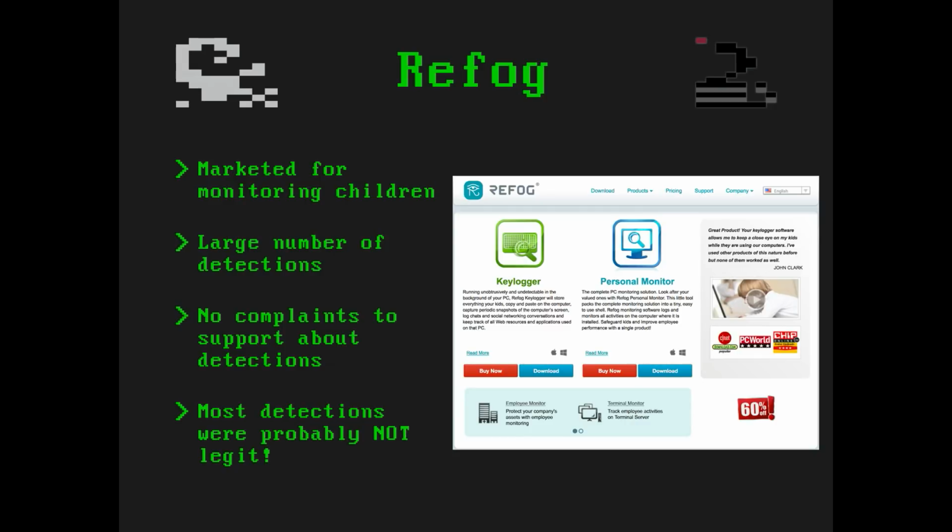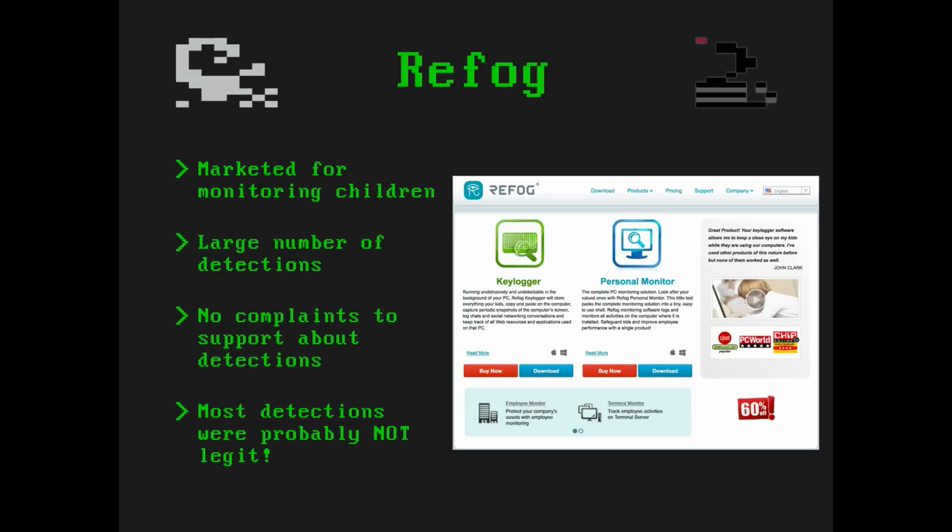And just like with FlexiSpy, which we actually detect as malware because of a variety of different reasons, we have had absolutely no complaints about detections of Refog. So, once again, this tells you people who have this on their computers and are detecting it and having it removed, it's because they didn't know it was there.